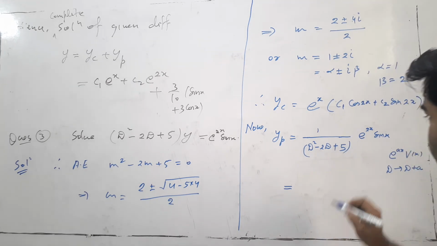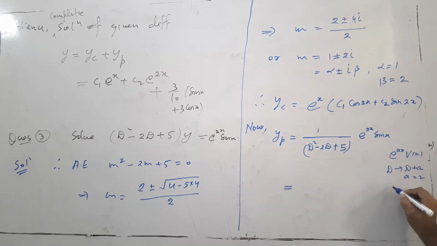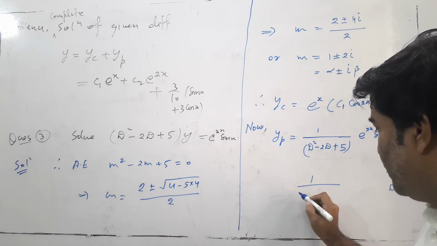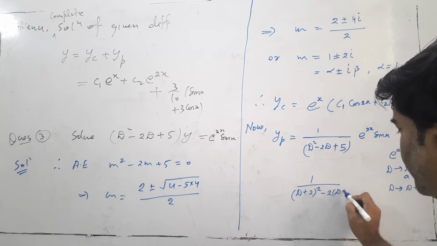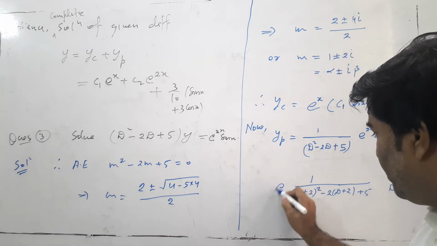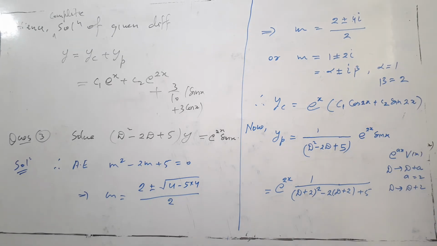Here a is 2, so D is replaced by D plus 2. Replacing D plus 2 whole square minus 2 into D plus 2 plus 5, we take e to the power 2x outside, and we operate this operator on sin x.